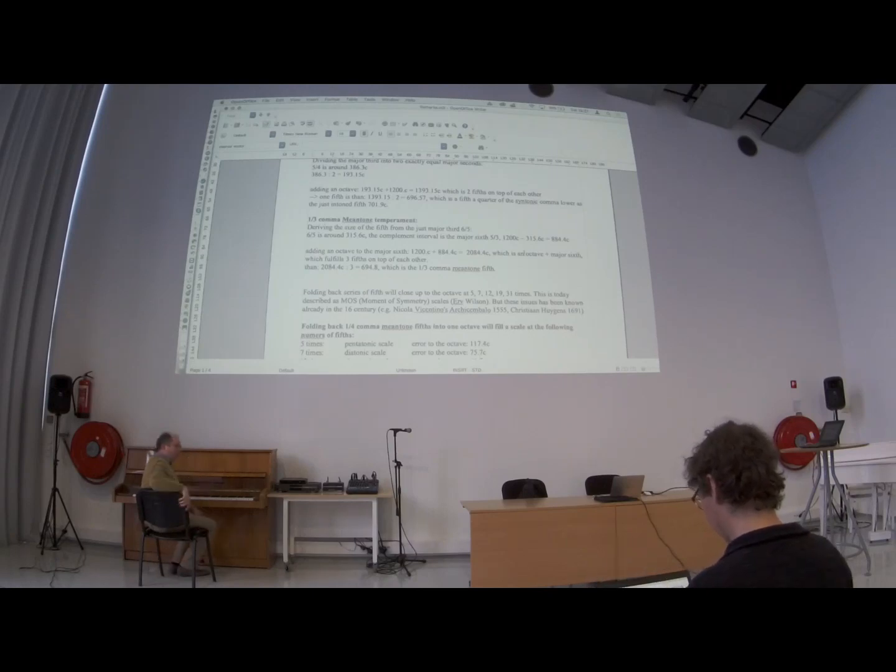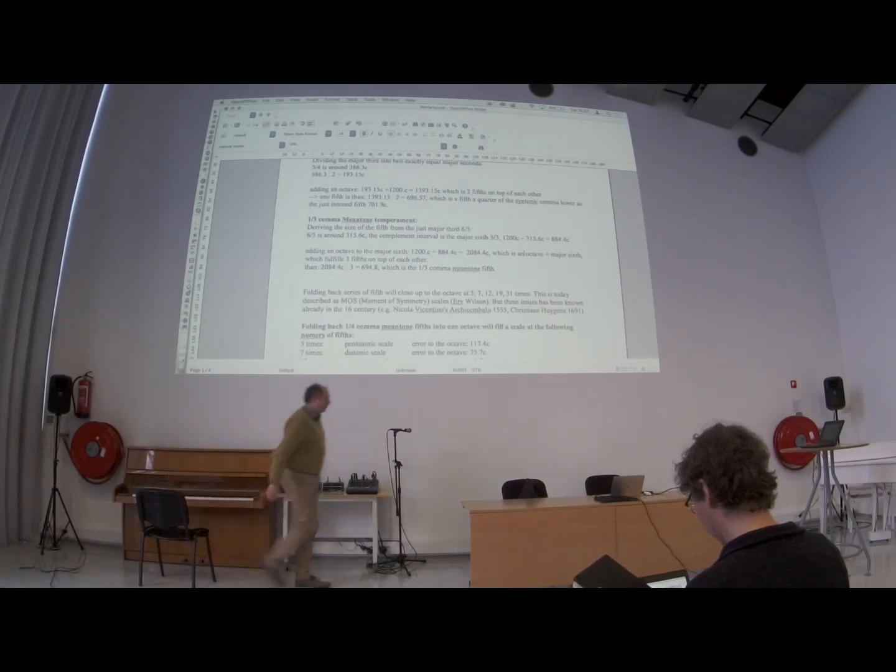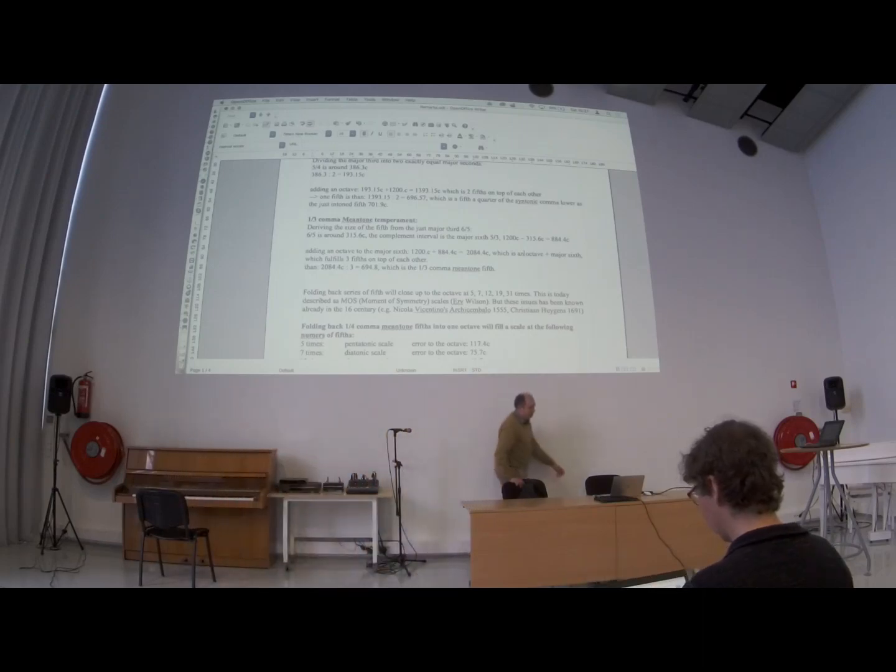So there are certain numbers that fulfill the octave if we bring it back to the octave, and that is what Wilson described as the so-called moment of symmetry, and he made a whole theory of that. Generally, we have one interval that we count up and up again, which is also called in this theory the generator, and we have another interval, which is the framework within which we have to project it.